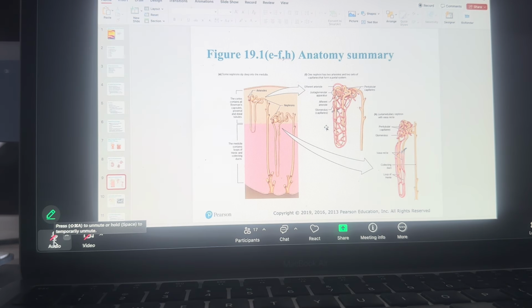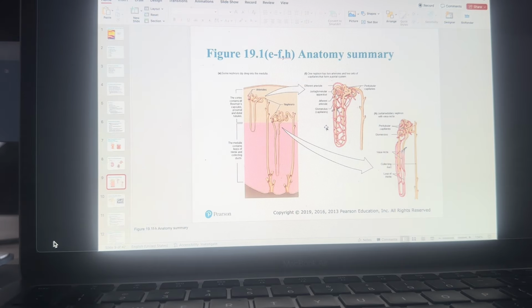Good job. It changes your pH and water content, right? If you're dehydrated, you'll recollect water from the filtration from the nephrons, right? If you're overly hydrated, you'll urinate more, right? What is the process of urination called? What's the technical word for it? Micturition. Micturition, yeah. That's right.